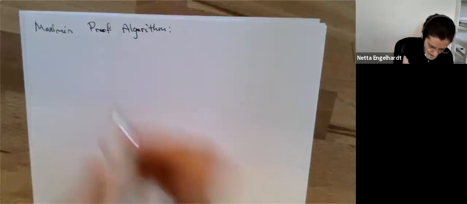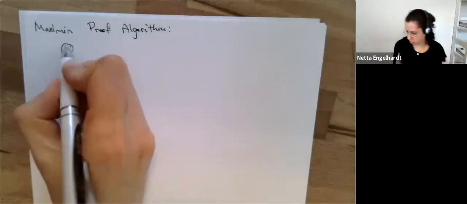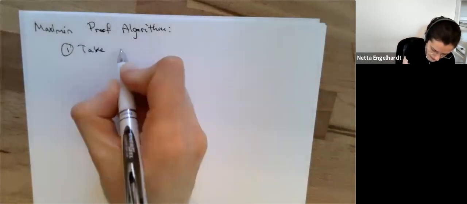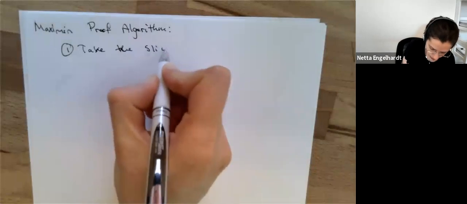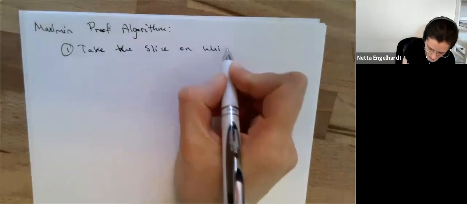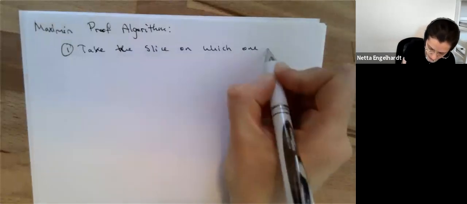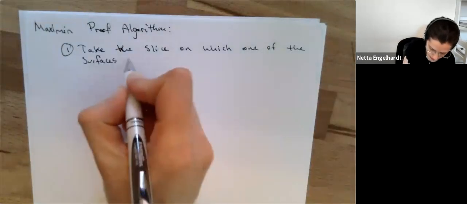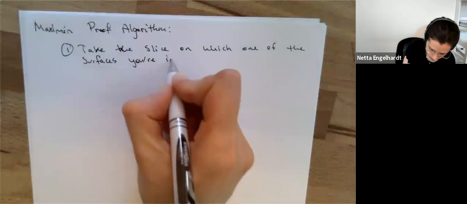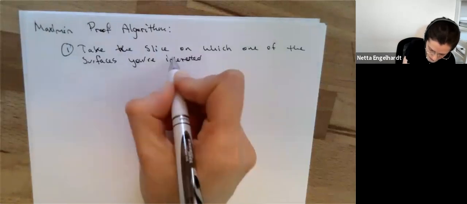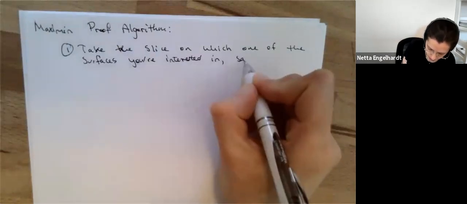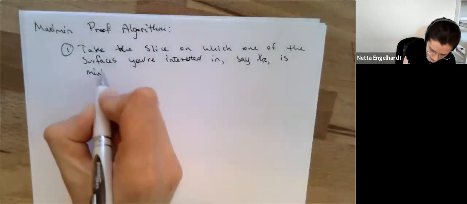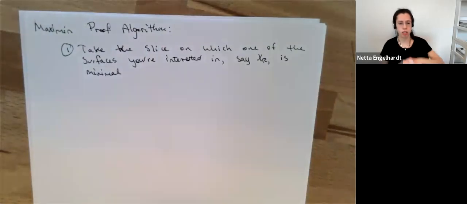One, you take the slice on which one of the surfaces you're interested in, say XR, is minimal. This is the HRT surface. You know it's minimal on some Cauchy slice.